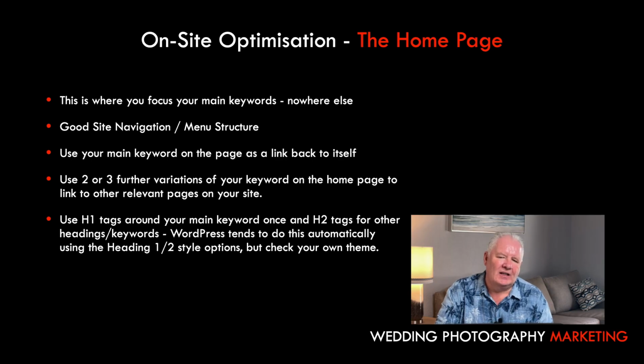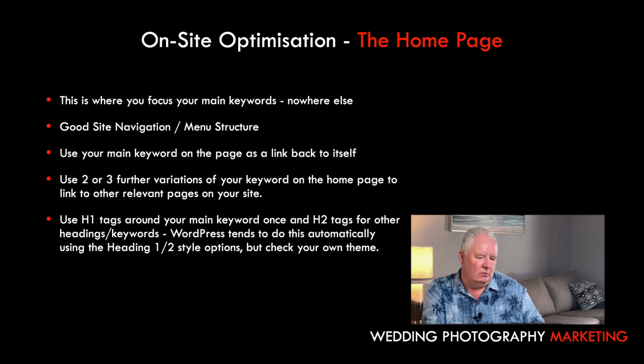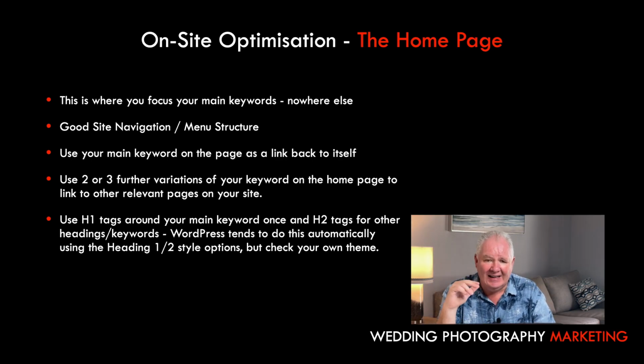Use H1 tags. H1 tags are generally handled automatically in WordPress. If you use a heading, that gets assigned an H1 tag. What's an H1 tag? H1 is a bit of HTML code, a little code that sits behind your website that pushes the text out. And H1 just means a heading, a main heading. H2 is a subheading, H3 is a sub-subheading, that's a hierarchy.